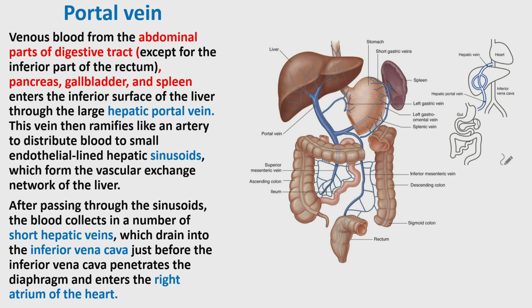So finally, all this blood, which is full of nutrition, contains alcohol, medication, hormones, and the destruction products of old red blood cells, is carried by the portal vein to the liver.